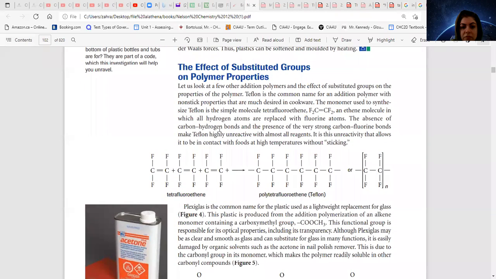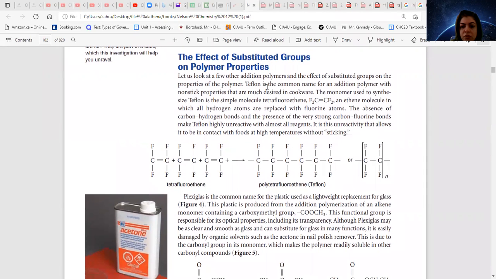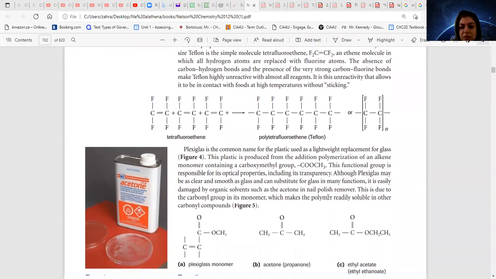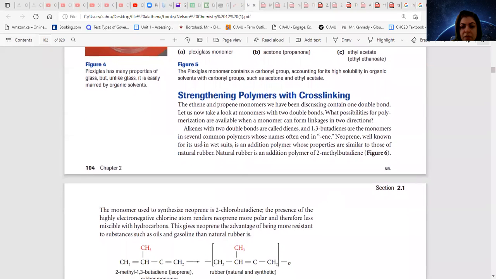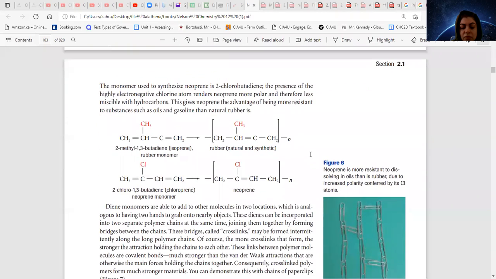Here, I want you to read that, but you know how to attach it. The double bond will be broken, they will be attached to each other, and this is what you have. The strengthening of polymer with cross-linking. I want you to read that also.